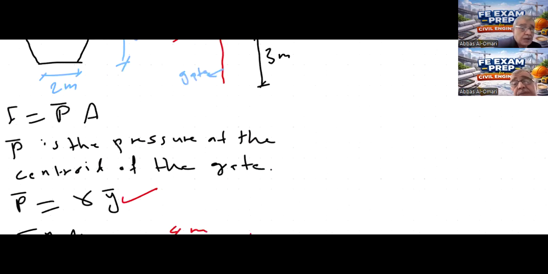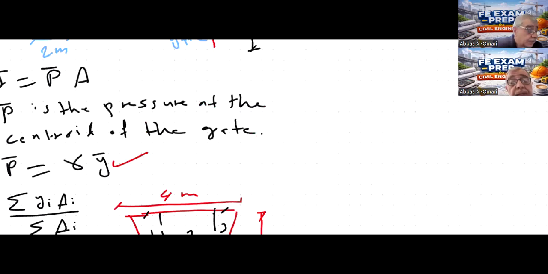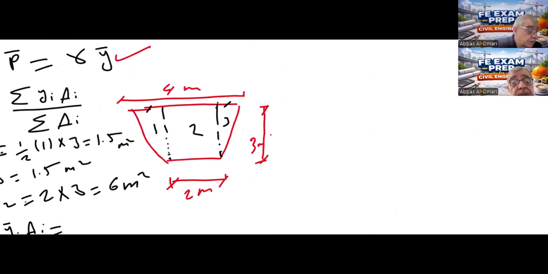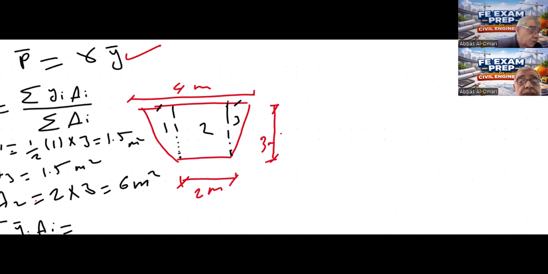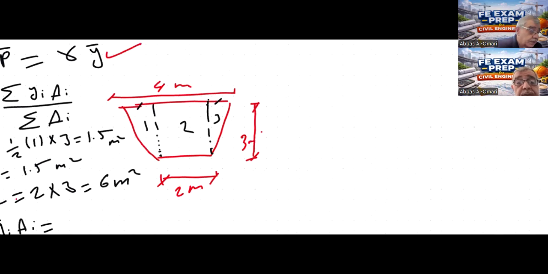Okay, so for the rectangle, the centroid or the y bar is 1/3 of the height. So the y bar for the rectangle is 1 meter from the top of the gate plus 2 meters of water height.